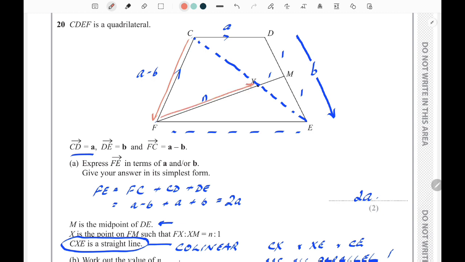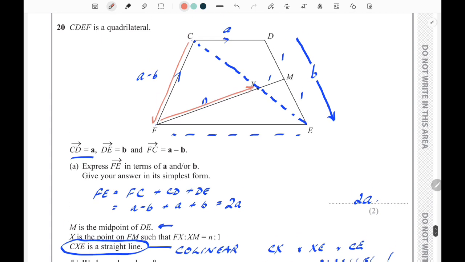Okay, now I want to talk a little bit about FX. You can see that C to F is going to be minus A minus B, all right? So just reversing that vector going from F to C. So you're taking the reverse direction, so it's a minus, okay? And FX is the bit that we're going to now work on, okay?